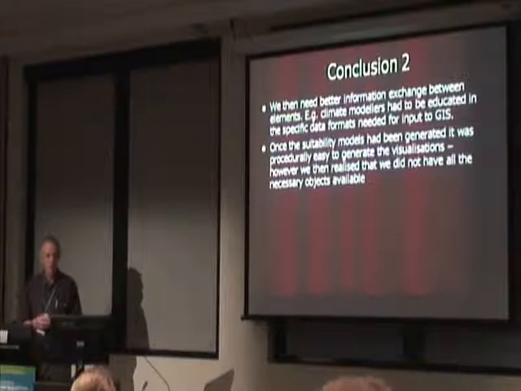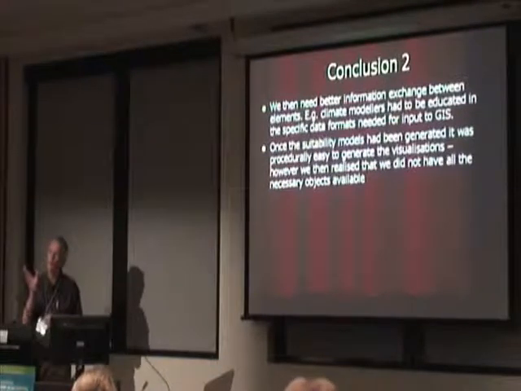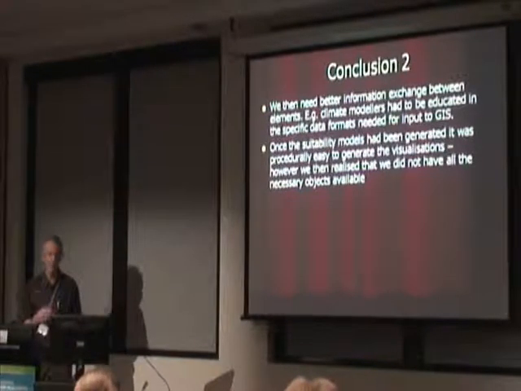Generating the visualizations from the suitability model is pretty simple procedurally. The difficulty was that there wasn't the sort of object library already in existence that Falak has mentioned. There's the start of it, and it's growing as we speak.